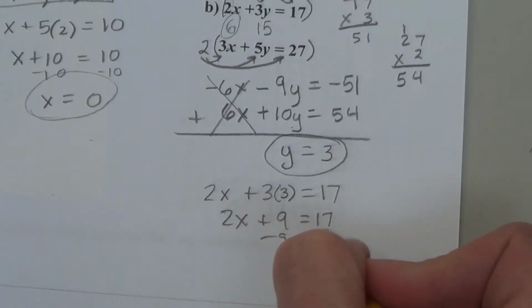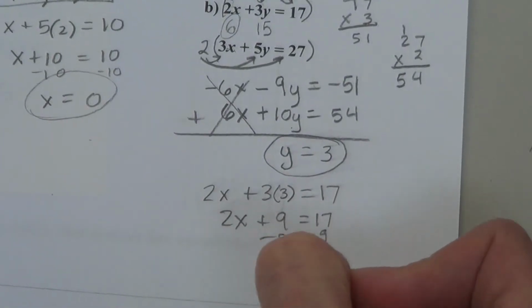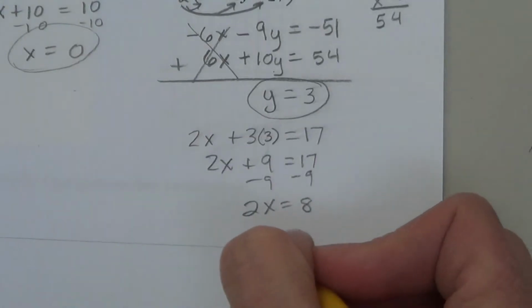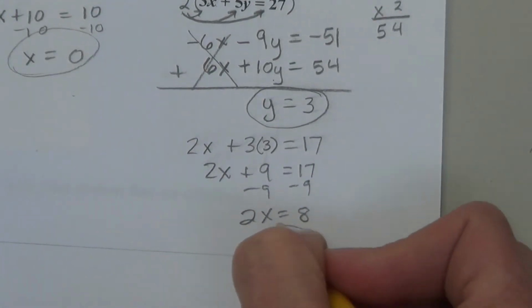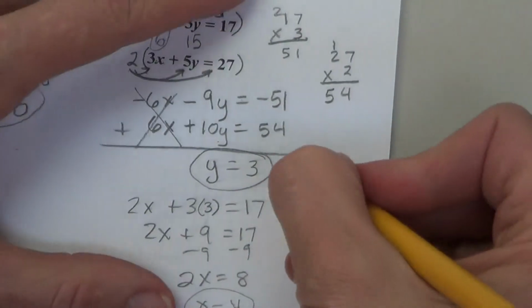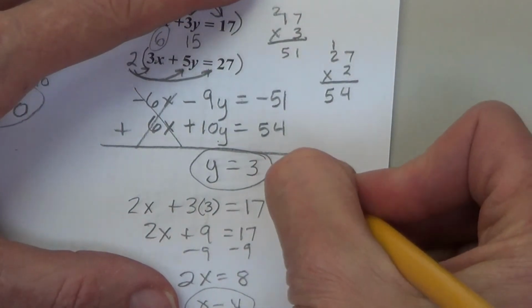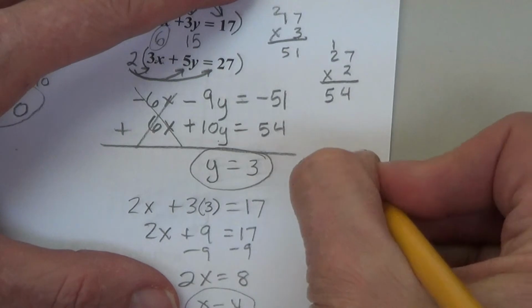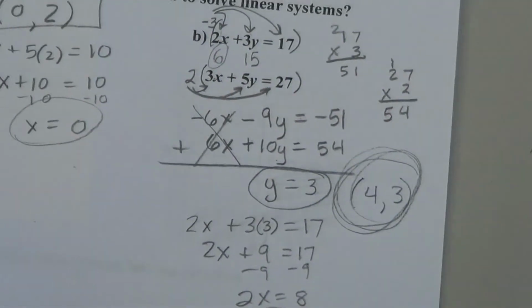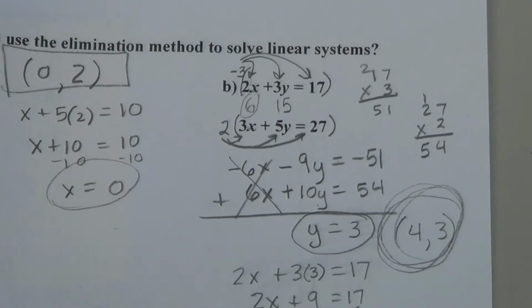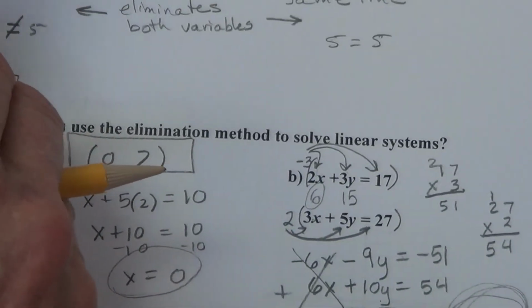Subtract 9 from each side. I get 2x equals 8. x equals 4. And my point is 4 for the x value, 3 for the y value. That is the answer, or the solution, for those two lines. They cross at (4, 3).